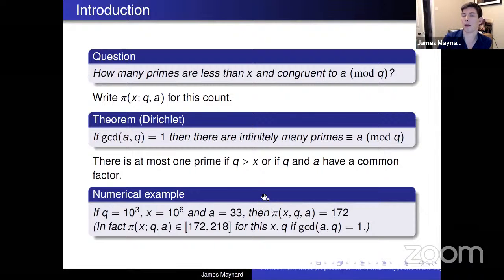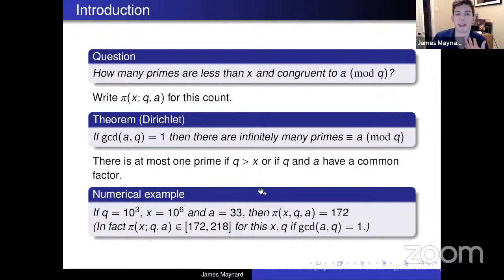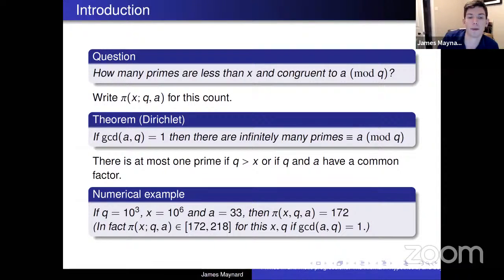So Dirichlet's theorem is one of the most famous theorems about prime numbers. It was basically the theorem that started off analytic number theory, which is the field that I work on. But unfortunately, we're not able to refine Dirichlet's theorem a huge amount.